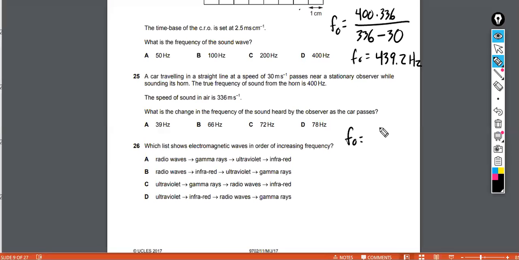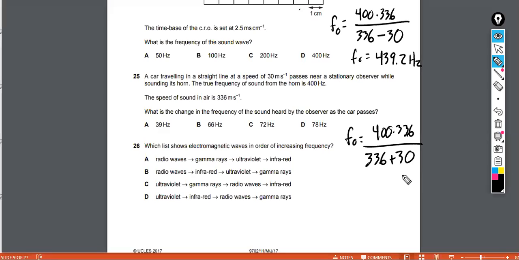So this time we're going to calculate 400 times 336. It's still the same, the frequency of the source times the speed of the wave divided by the speed of the wave, but this time we're going to add the 30 meters per second of velocity. So we're going to decrease this frequency now.